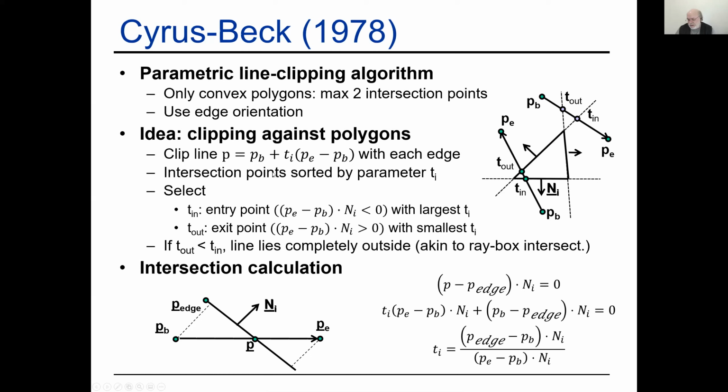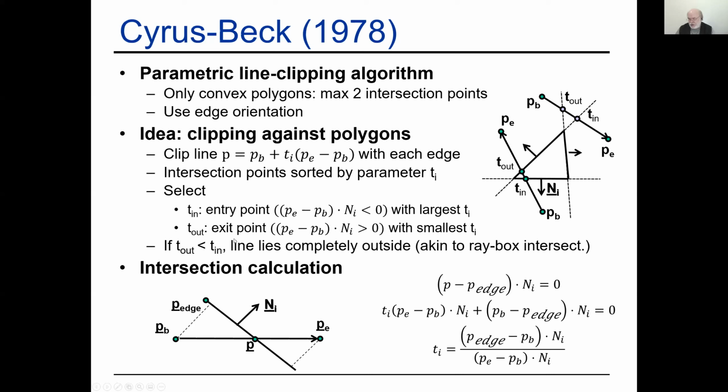And so now we can very easily find out that the part of the line that is actually inside of that convex polygon is from the entry point that has the largest Ti, where Ti is with respect to the line that we're clipping.